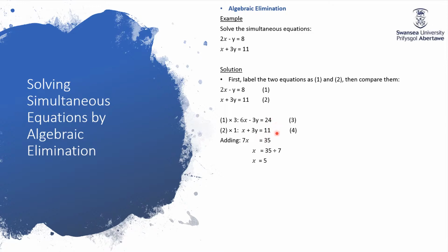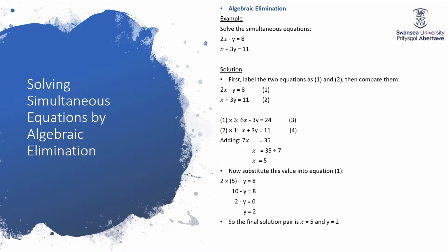And we add 24 and 11 together to give us 35. And then simply we divide both sides by 7 to give us x by itself, and that gives us x equals 5. Now, the next thing to do is to substitute that x equals 5 into one of the equations. So now here we picked to do it in equation 1. Equally, you could have picked to do it in equation 2.